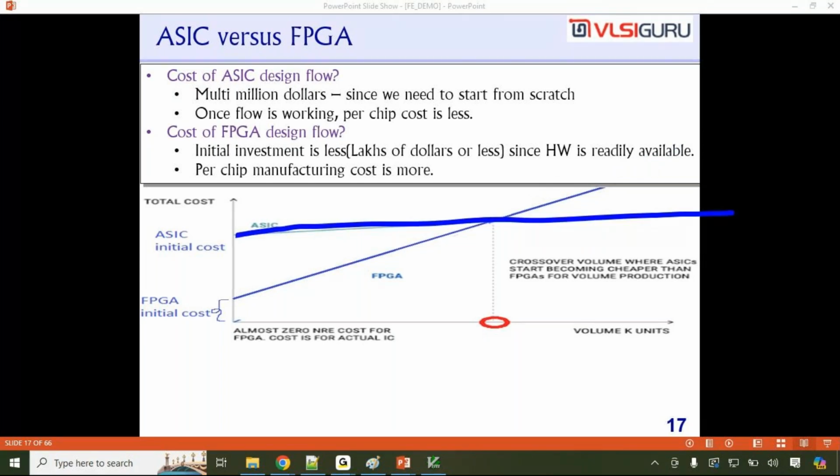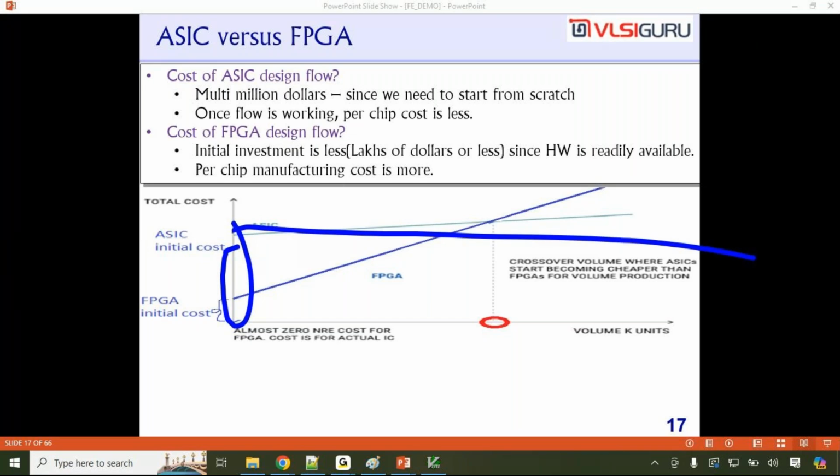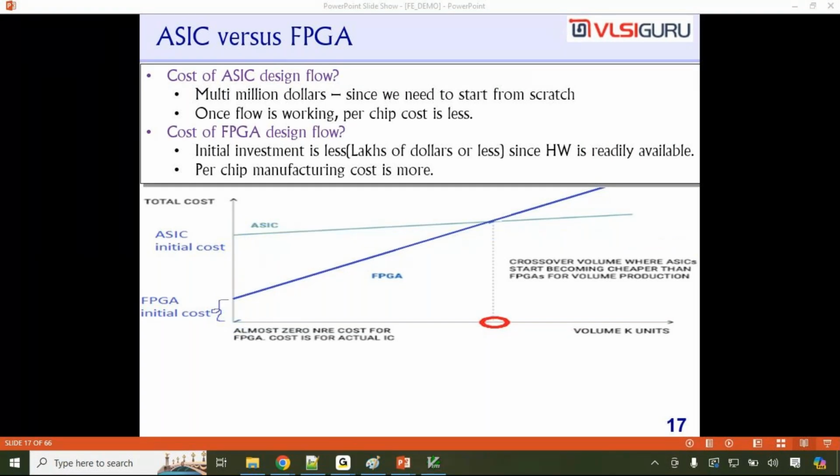That means your biggest cost is the initial flow. Setting up the flow is the biggest cost. Once you have set up the flow, the per-chip cost will be relatively less. I'm not saying zero, it's not flat like zero. Cost will be there, but much lesser than the FPGA cost. You see, this is the break point where FPGA becomes costlier compared to ASIC.